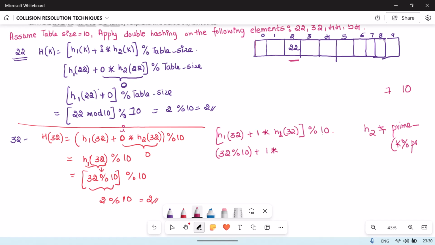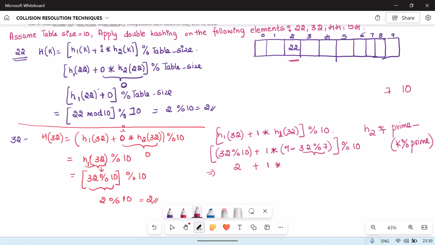This formula you have to use. So it is 7 minus 32 mod 7, and this whole thing you mod 10. So 2 plus 1 times.